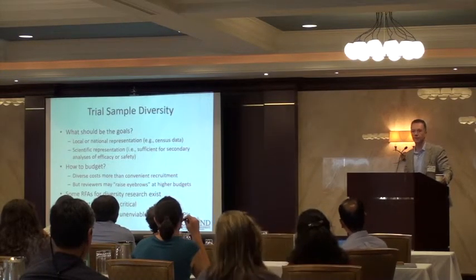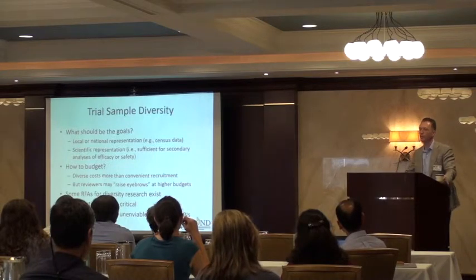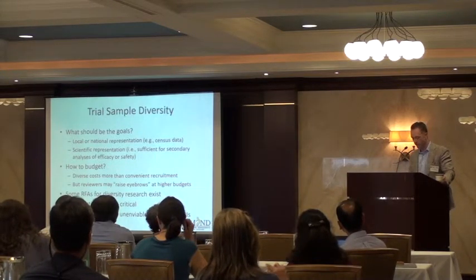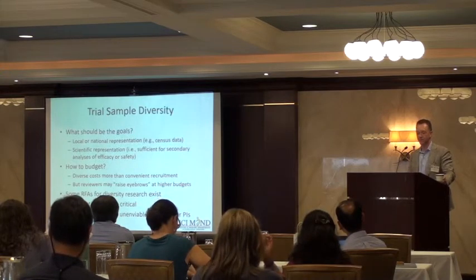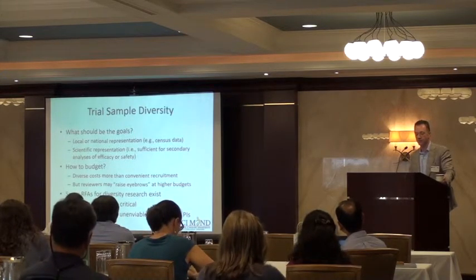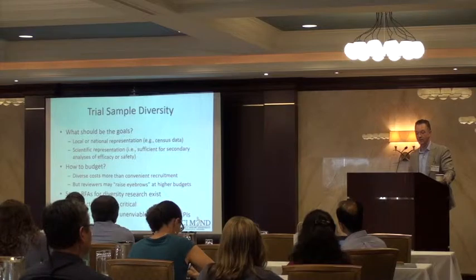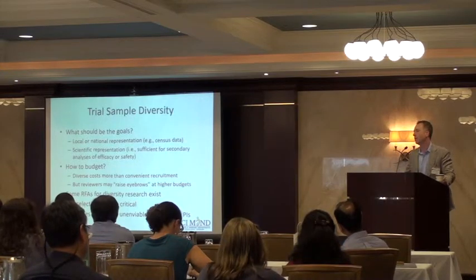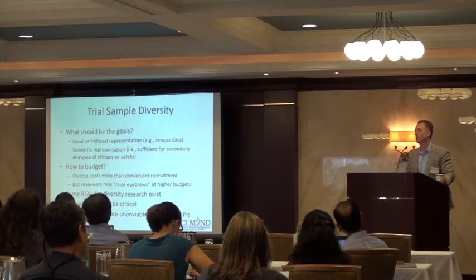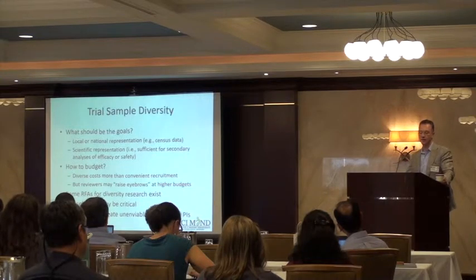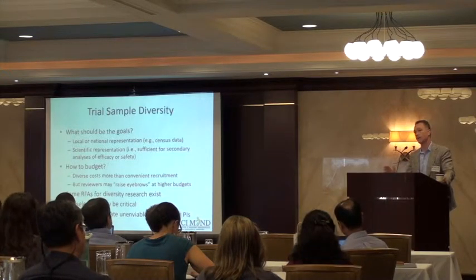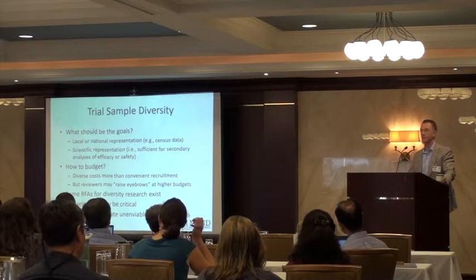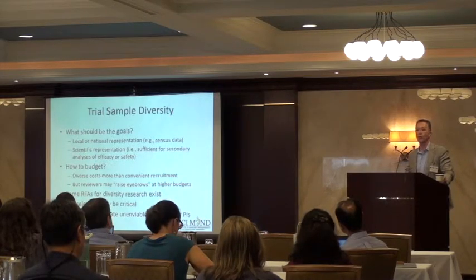It's going to be very specific to your protocol, but striving for an adequate representation of specific groups is certainly going to be important. There are different approaches that people take to this decision. It could be to create a 1-to-1 ratio between your trial sample and the national prevalence by race and ethnicity of your disease. It may be that you choose to use a more local geography to instruct your recruitment goals.